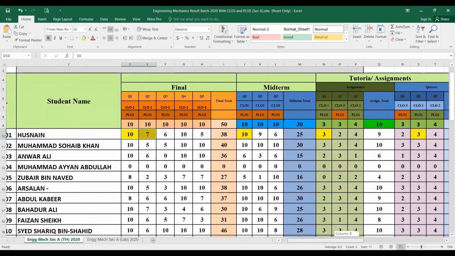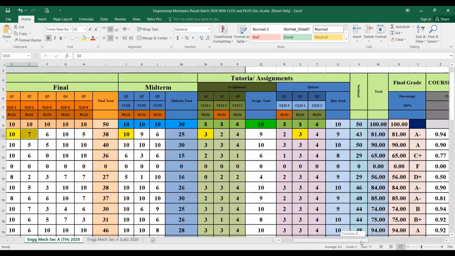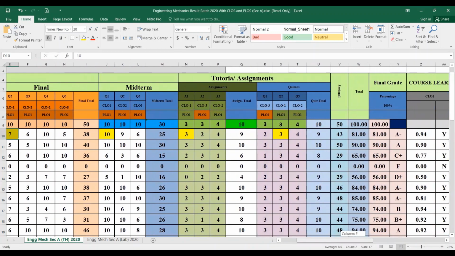So a student must check what they are doing. If they left the question in the midterm that belongs to CLO1, they must ensure that they solve numerical questions number 1 and 2 that belong to CLO1. So their CLO attainment will be more than 50% in that way. So this is all about that.